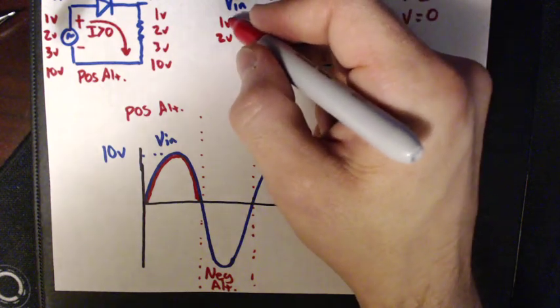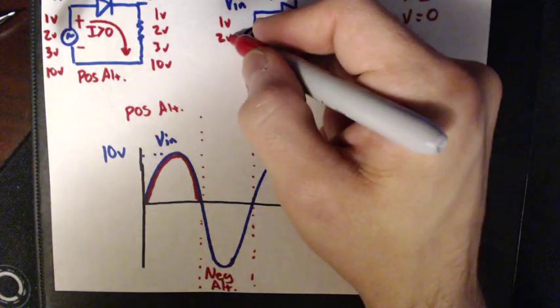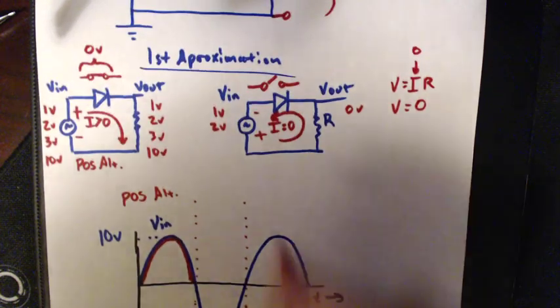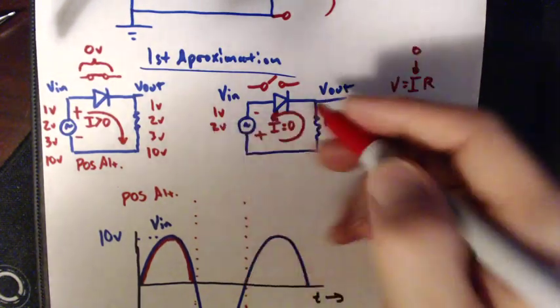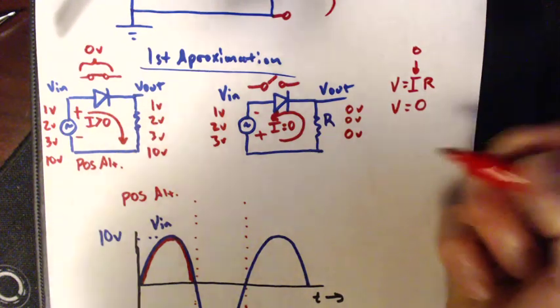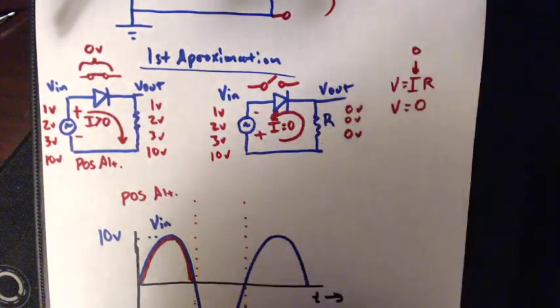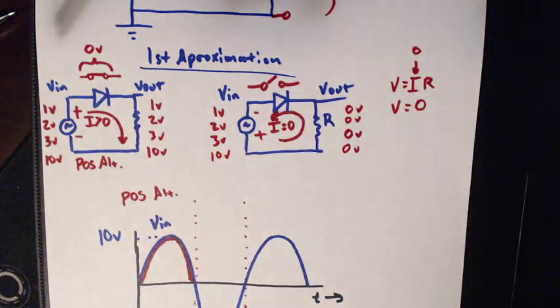So I can legally say this is 1 volt, this is 2 volts, and it's fine. So when we get 1 volt applied, we get 0 volts out. When we get 2 volts applied, we get 0 volts out. When we get 3 volts applied, same thing, 0 volts out. And all the way up to our negative 10 volts down here, we get 0 volts out.